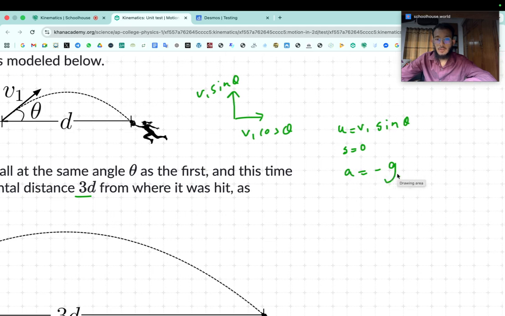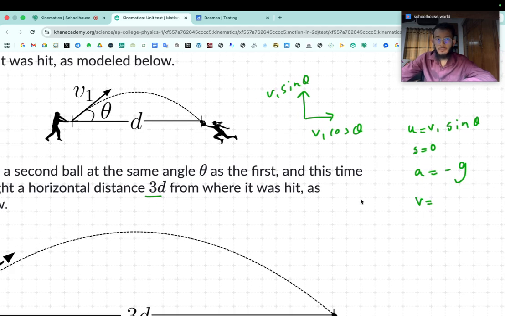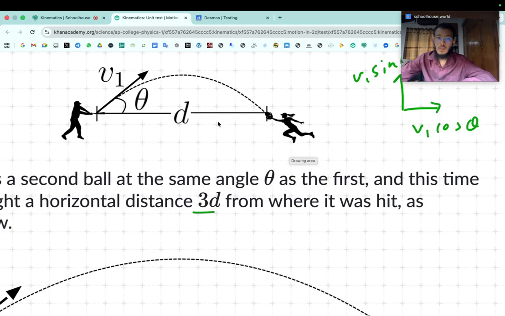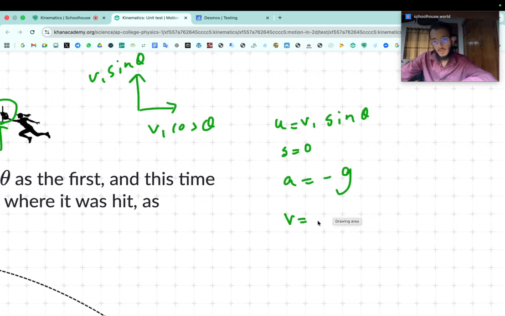What else? SUVAT. Yeah, v. Now, because the ball is caught at the exact same vertical height and air resistance is negligible, the same magnitude of the speed will be there except for the change of direction. So v would be actually negative v1 sine theta.